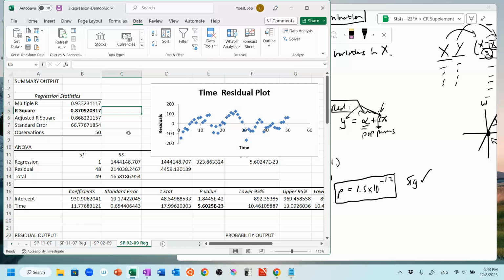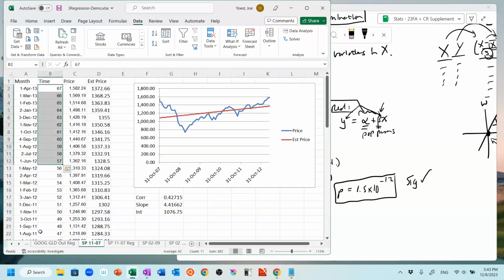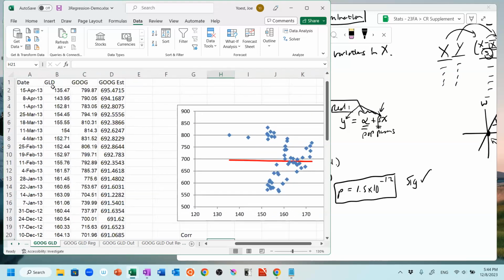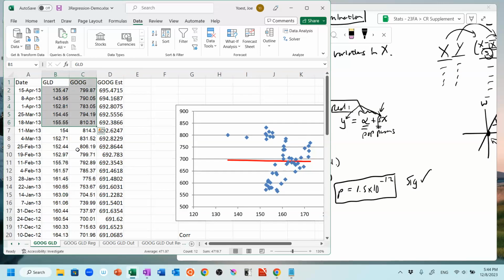So there are a lot of things in these regressions to look for, especially when it comes to anything involving time. Even these stock prices that didn't have time as an explicit input, even these ones over here, where I just had 2 share prices that were related to one another, they were implicitly related through time.